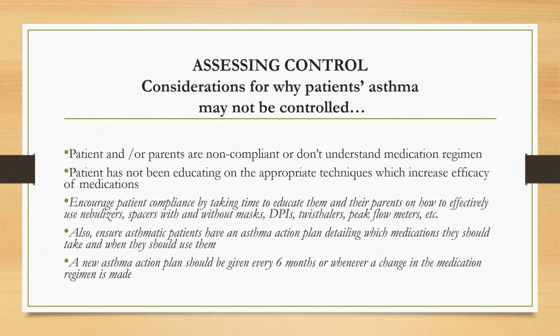So the bottom line, why people stay not in control is basically it's more human error, and most of it has to do with education. People just don't get it. You need to ensure that the patient who's on a regimen takes this regimen every day and they be well controlled.